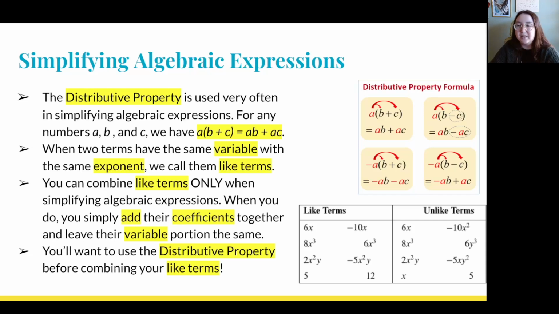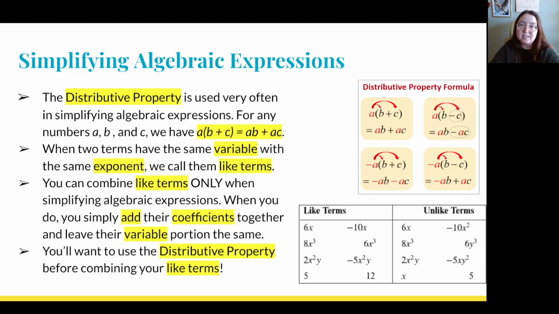Then on the bottom right there, we have negative A times B minus C. So it's going to work very similarly. We have negative A times B, which creates negative AB. And then we have negative A times negative C. In this case, that's a double negative.